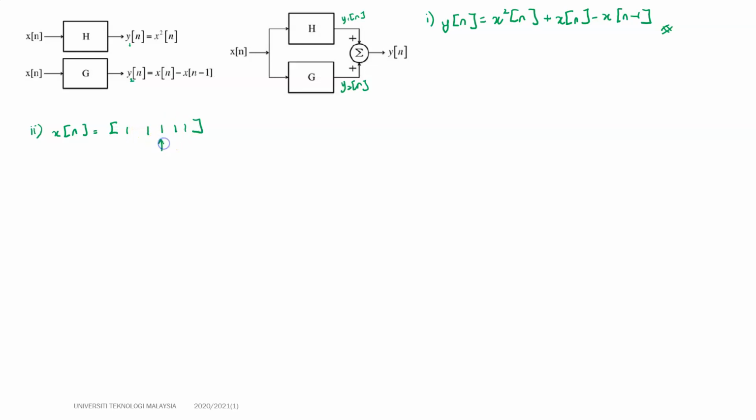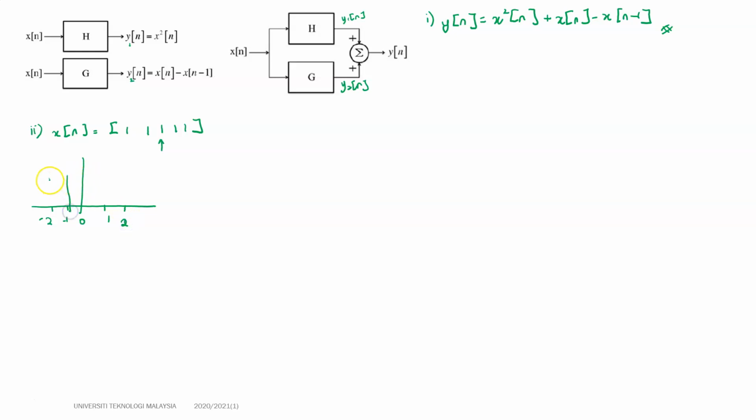However, there is an arrow here, so it indicates that at n equal to 0, the value of Xn is 1. So when we draw Xn here, it has to start at -2. So here is -2, -1, 0, 1, and 2.